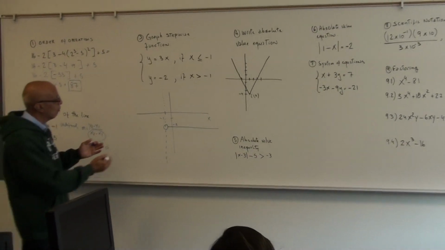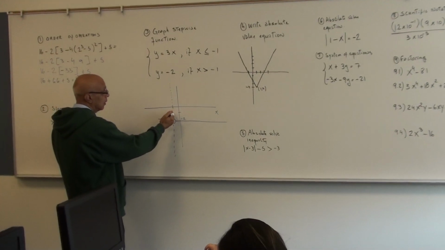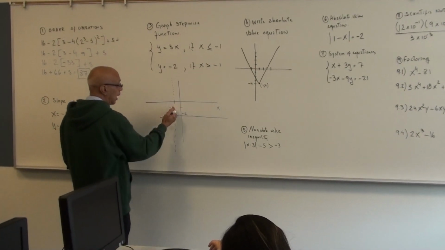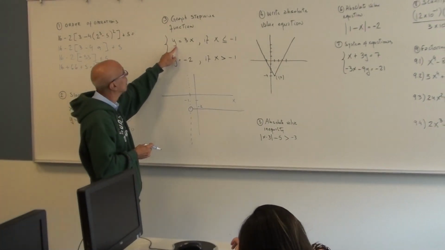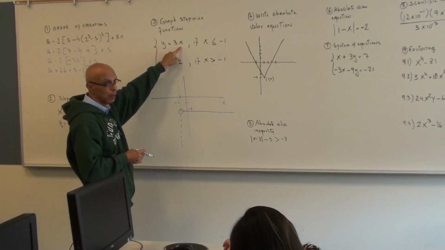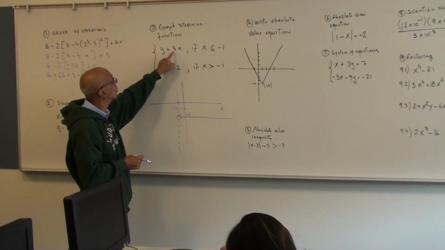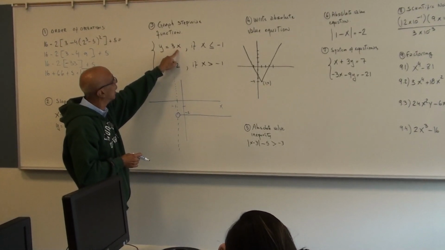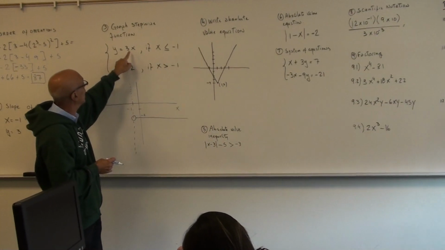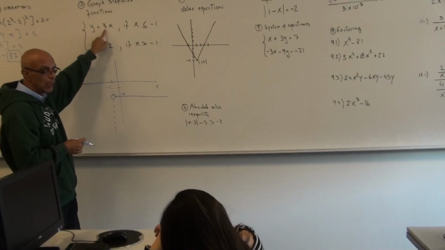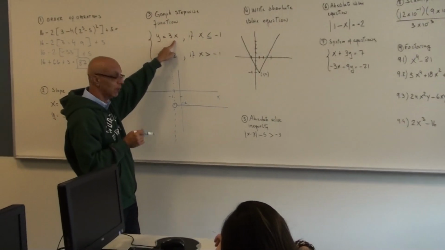Now, for x equal to -1 and below that, the function is going to behave differently, right? Now y is going to depend on x, and it's going to be equal to 3 times x. How is that going to work? Well, what is the first point? It's -1. When I plug in -1, 3 times -1 is going to be -3.